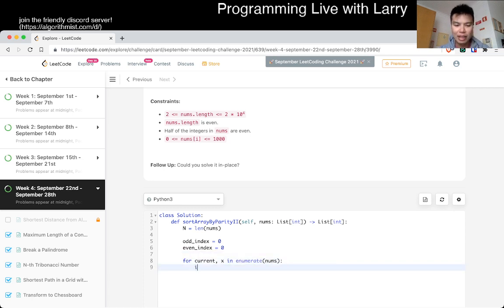Okay, if x is even, then we want to get an even number. So then we go from left to right. I might just mess up sometimes at the very end. I should be okay, but maybe I'm wrong. Wow.